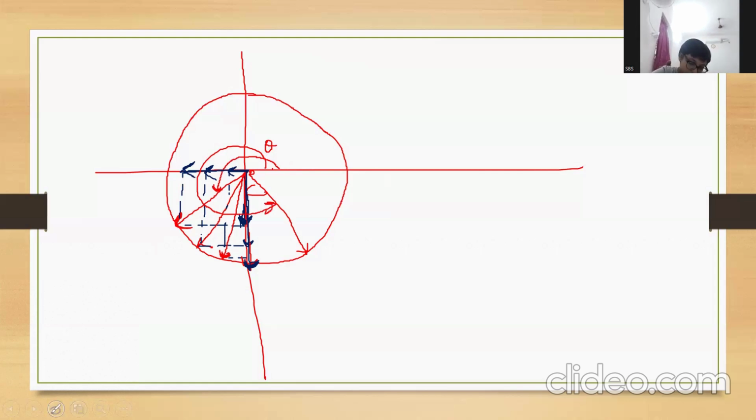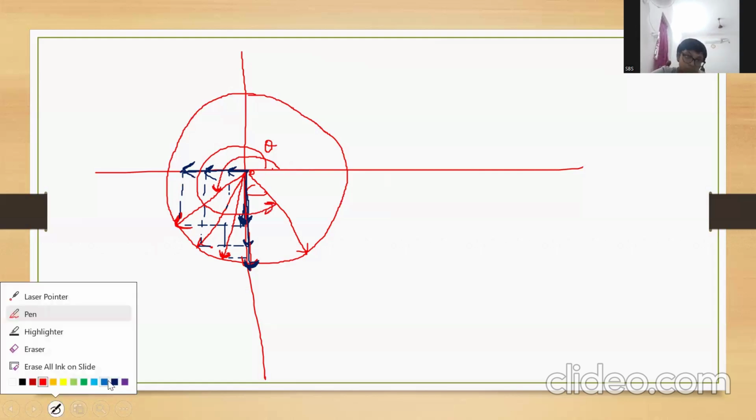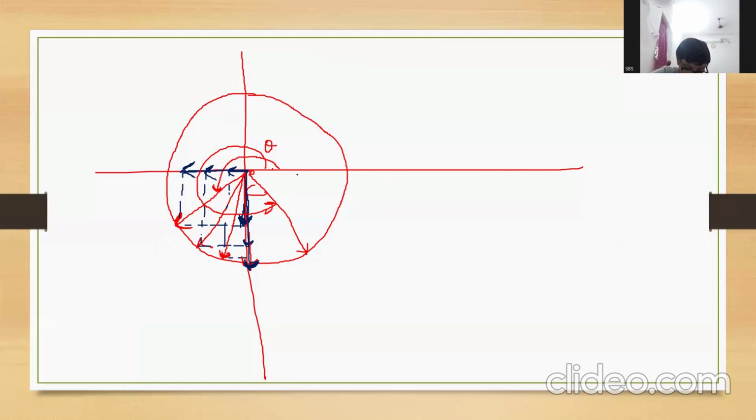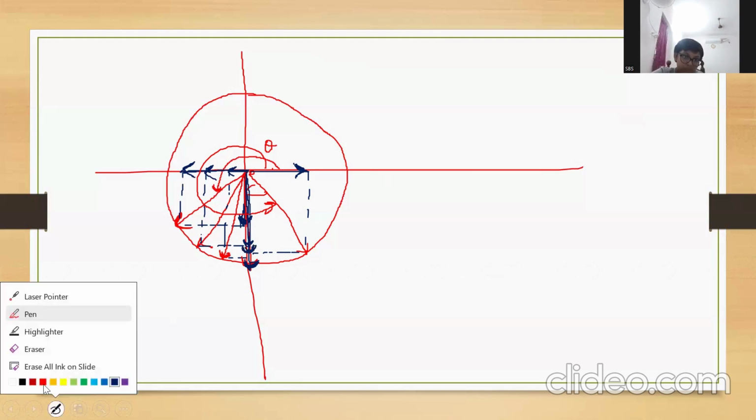Now tell me the projection length. The projection length will be like this on the x-axis. Drop a perpendicular on the x-axis. This is the projection length. On the y-axis, drop a perpendicular. This is the projection length. Clear? Is it okay? Yes, sir.